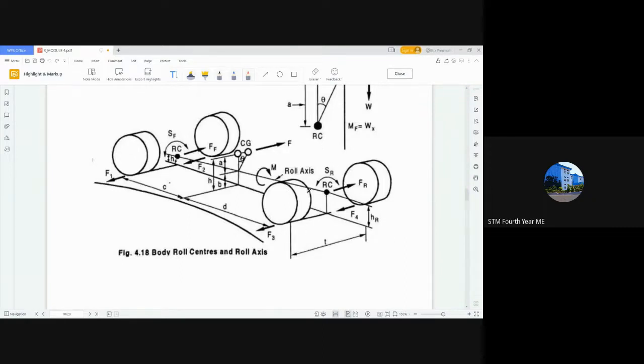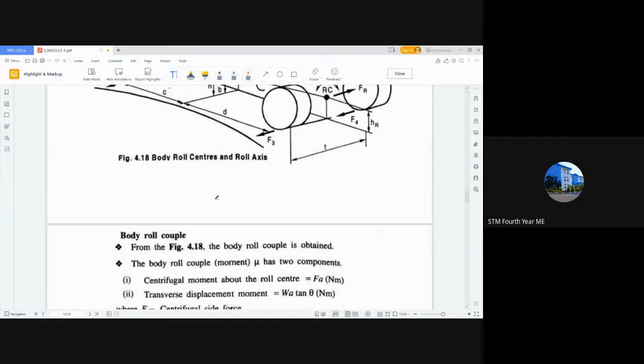Two types of moments were discussed: one for the linear direction, that is the centrifugal force, and another for the rotational direction, which is due to the weight. These two moments are responsible for the car rotating and moving sideways. That is what comes under body roll couple.